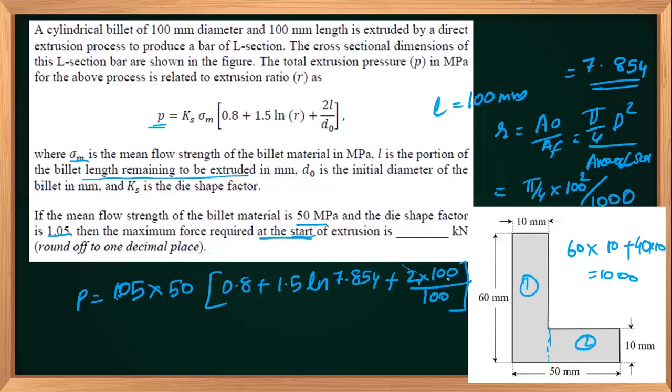Then again multiply with 50.8, multiply with 1.05.